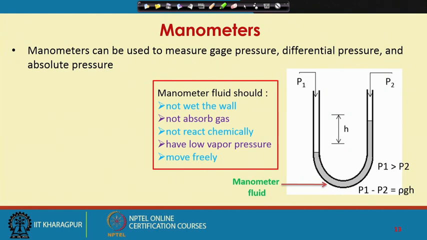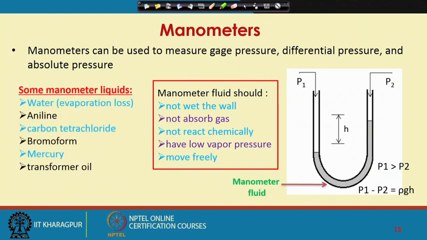Manometer liquid should have low vapor pressures. If you use a liquid with high vapor pressure, there will be loss of liquid and there will be error. Manometer liquid should move freely.